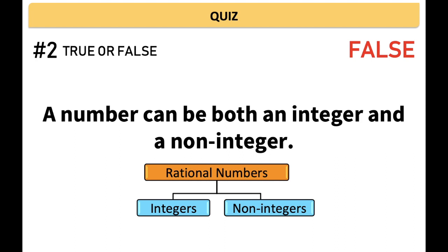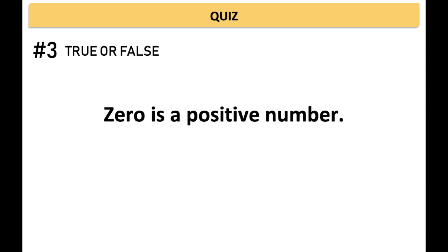Makikita nyo sa diagram natin earlier na ang integers natin and non-integers are separate sets or disjoint sets. Ano ibig sabihin nun? Ibig sabihin ng disjoint sets ay wala silang common element. So kapag ang number ay integer na, imposible siyang maging non-integer.